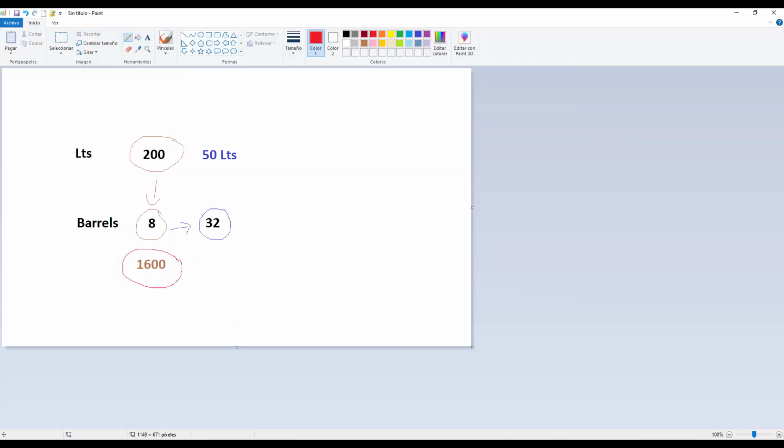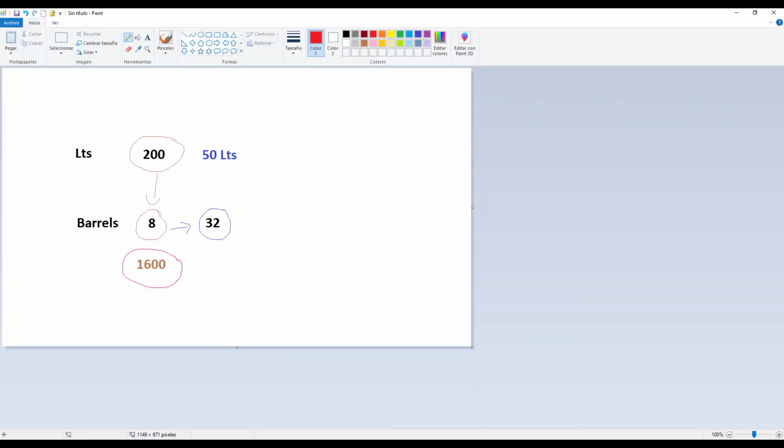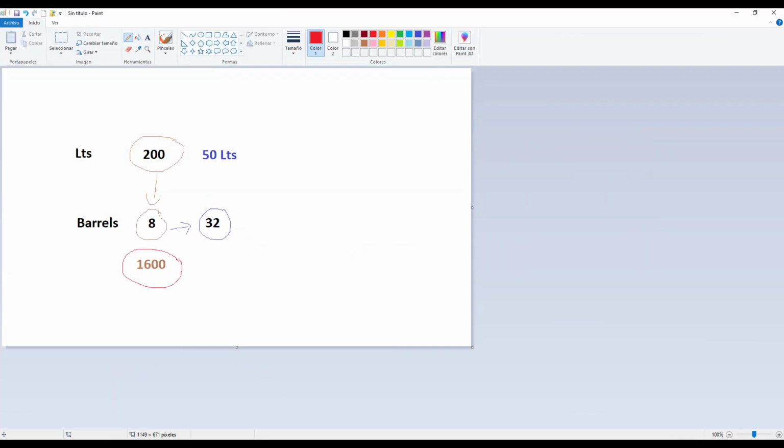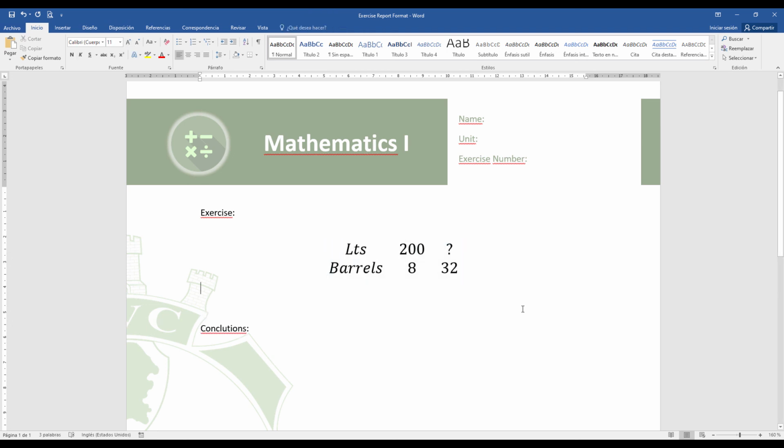Then organize the data: liters, barrels. This is how you can organize your exercises about direct and inverse variations in Word.